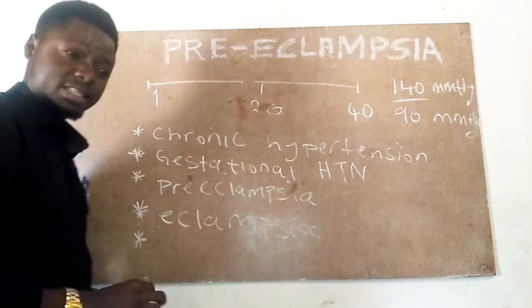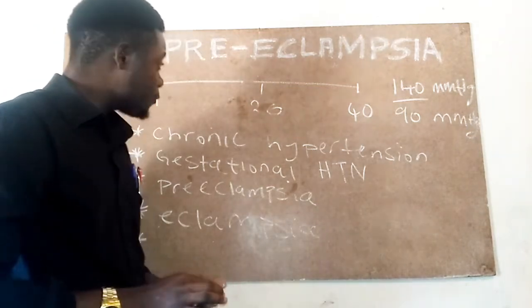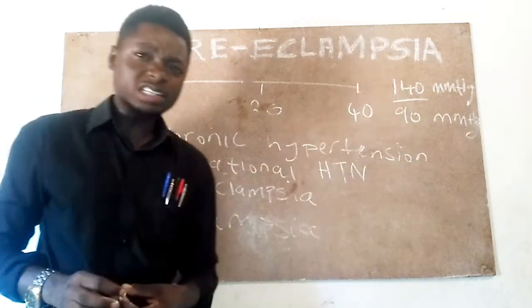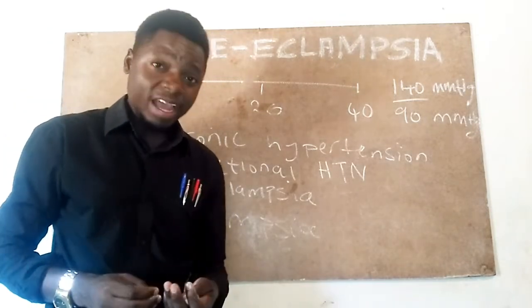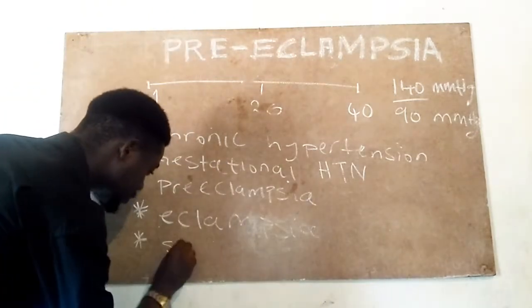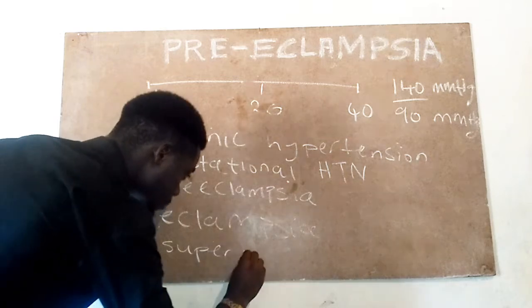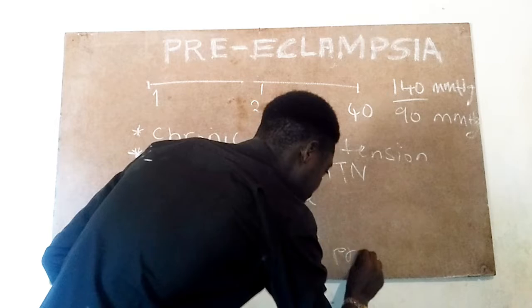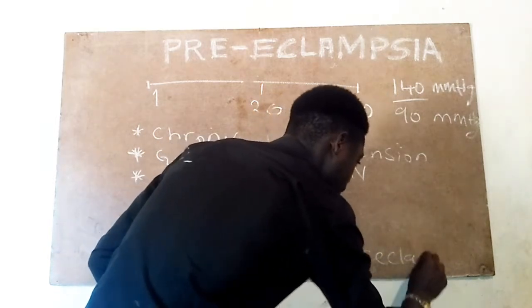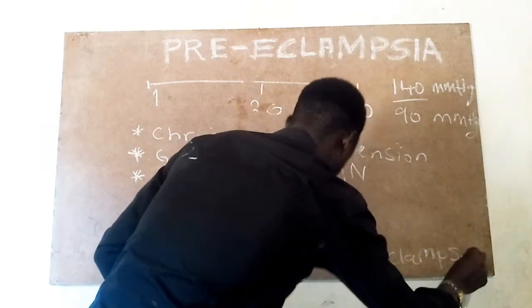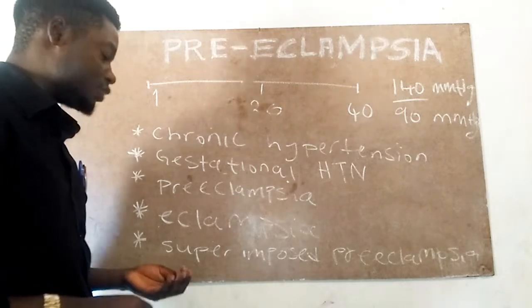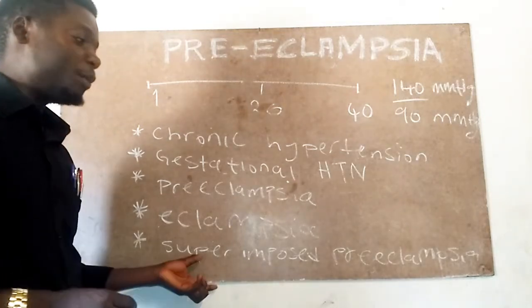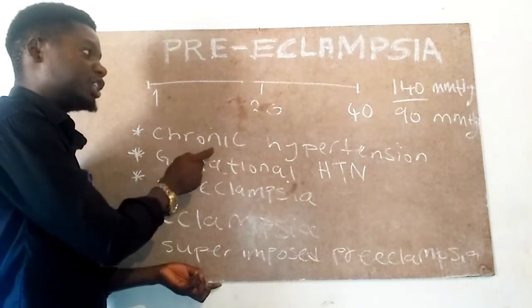Now, I remember myself not understanding this, but we also have the other type of hypertensive disorder in pregnancy, and that is superimposed preeclampsia. I've run out of space here, but it's superimposed preeclampsia in women with chronic hypertension.